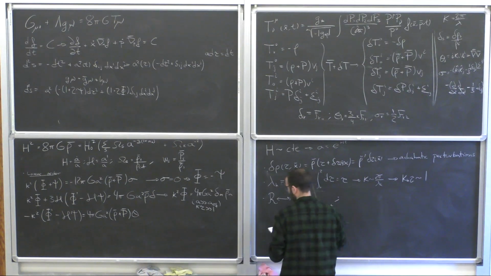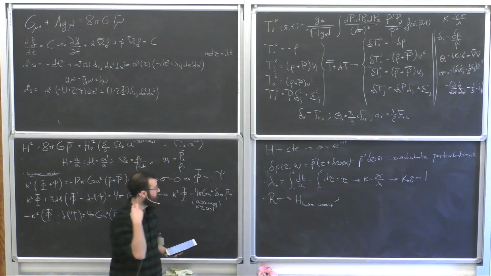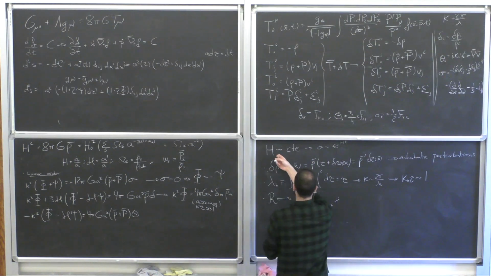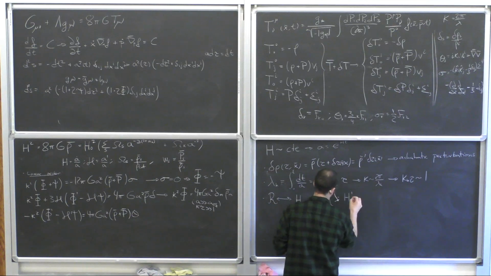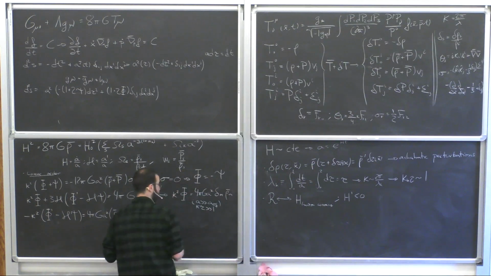And since the field is going down the potential very slowly, even though the Hubble parameter is almost constant, its time derivative is smaller than 0.